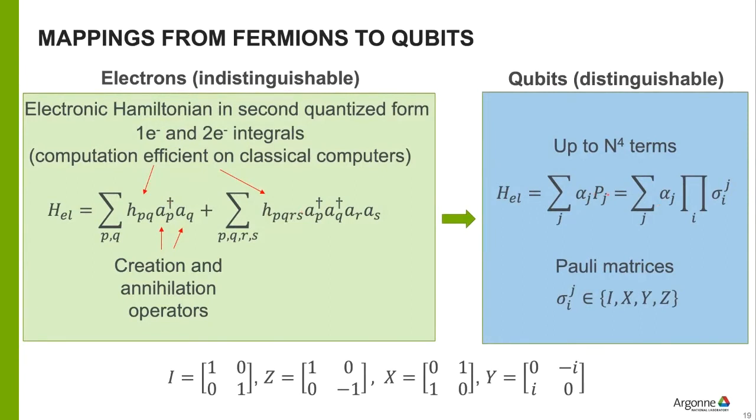And this Pauli string is essentially a product of the Pauli matrices, which are written right here. And in any of the mappings, you always end up with this form of the Hamiltonian with multiple terms, Pauli strings with a coefficient in front of them.